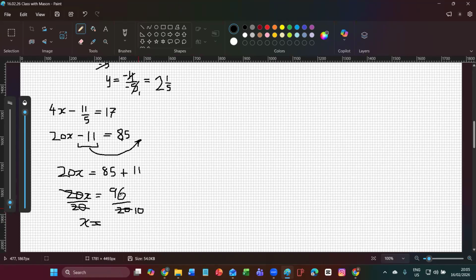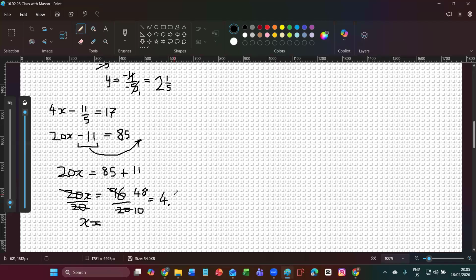In fact, this is a lovely one because 2 in 96 will give me 48, right? So I can even stop here. I don't need to keep breaking it down because I know that 48 divided by 10 is simply 4.8.